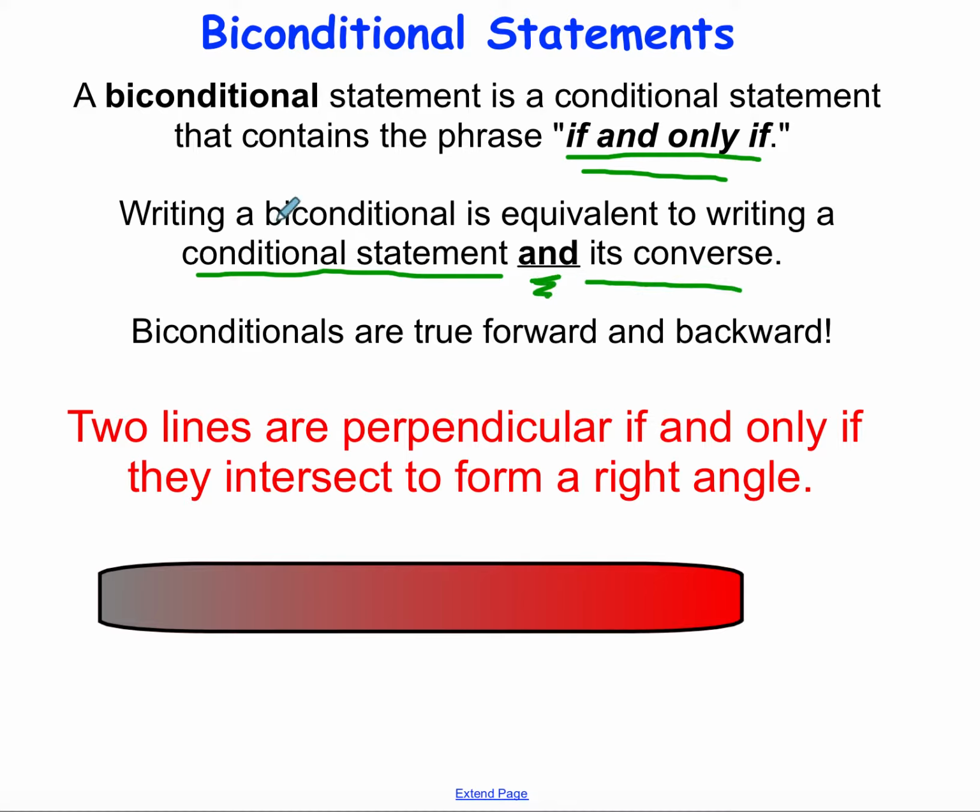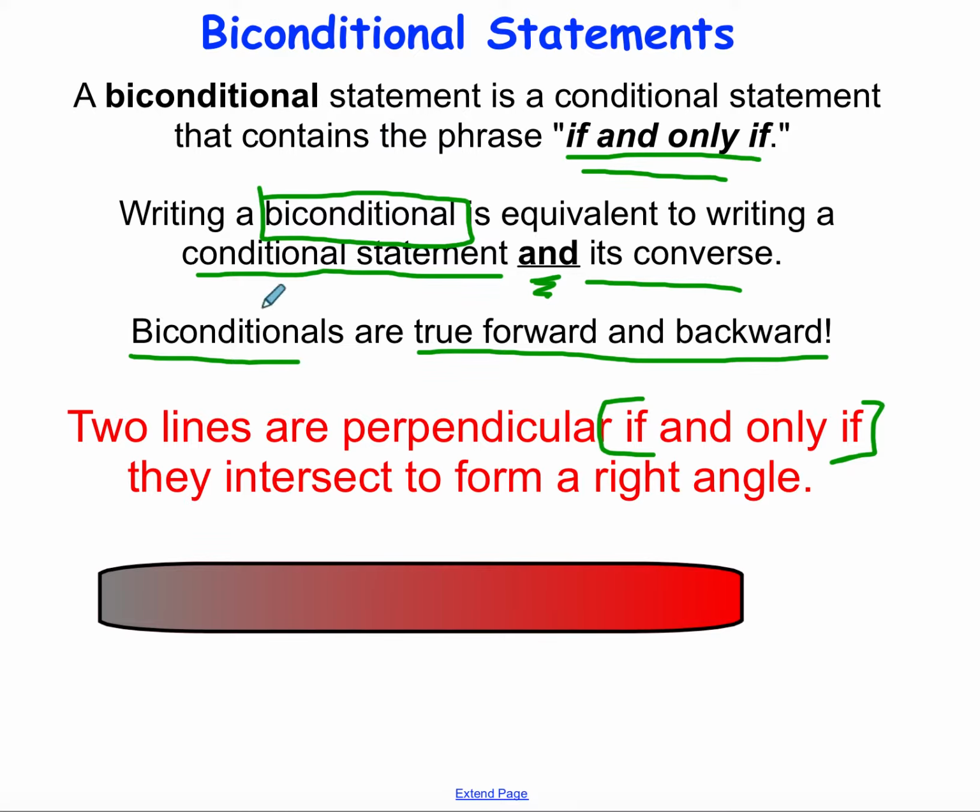So when we write a biconditional, we're including the conditional statement and its converse all in one statement. And like I said earlier, biconditionals are true forwards and backwards. Two lines are perpendicular if and only if, there it is, not just if one thing is true, but only if this is true. Two lines are perpendicular if and only if they intersect to form a right angle.